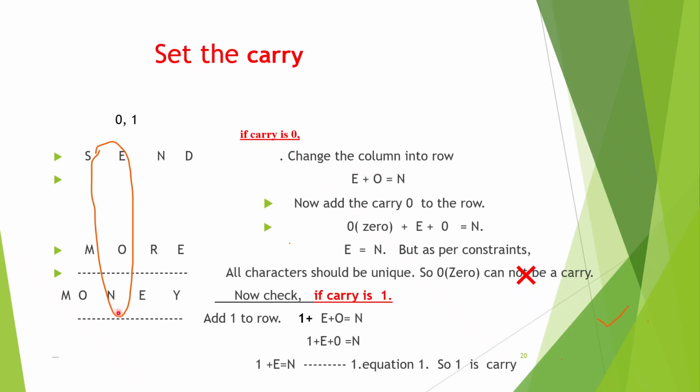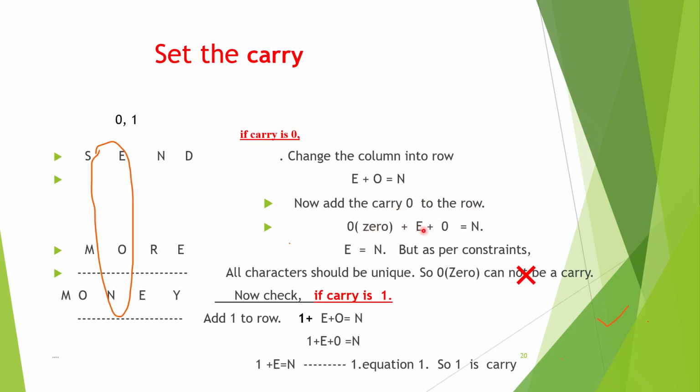now take this column and change the column into a row. E plus O plus N. Take this column E, O, N and put it row-wise. Now add 0 as the carry to the row.